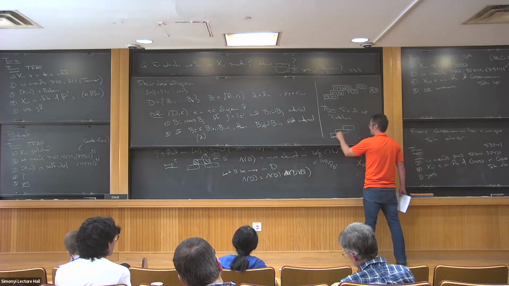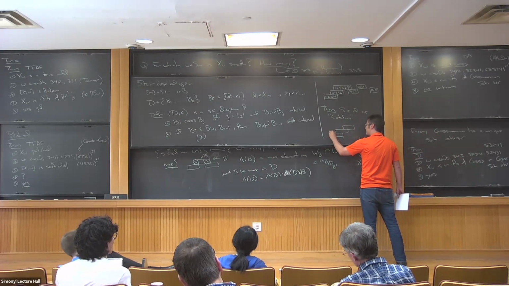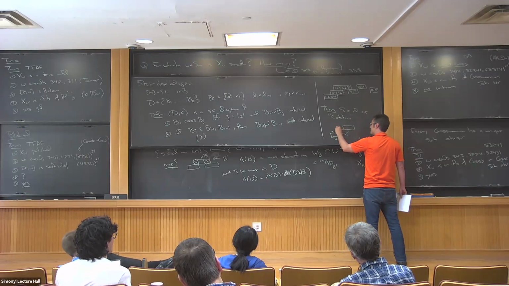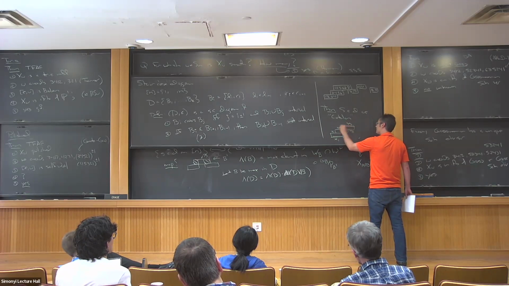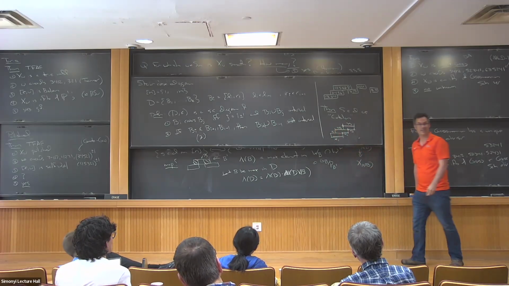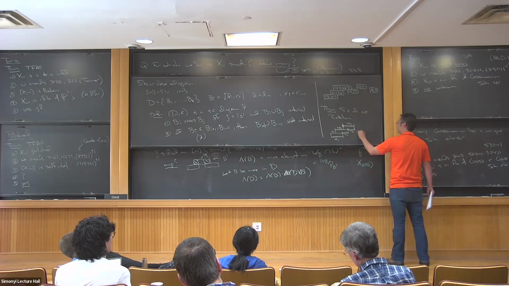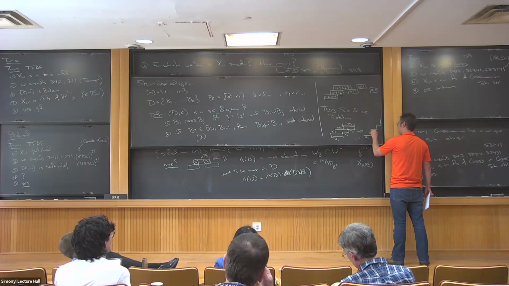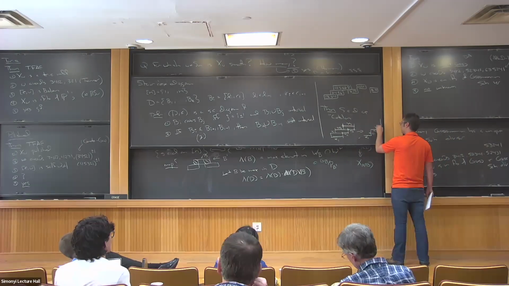If I have a staircase diagram that just goes up, then I'll label this x1, y1, x2, y2, x3, y3. So these are the distances of these spaces. And what you can do is you can get a Dyck path: x1, y1, x2, y2, x3, y3.